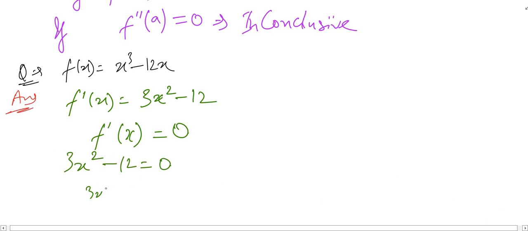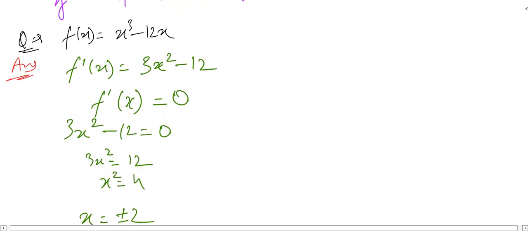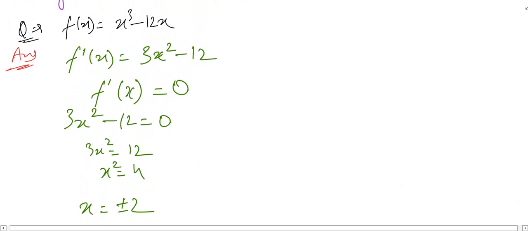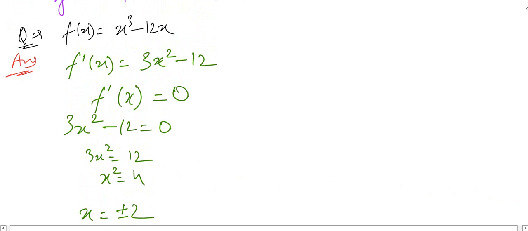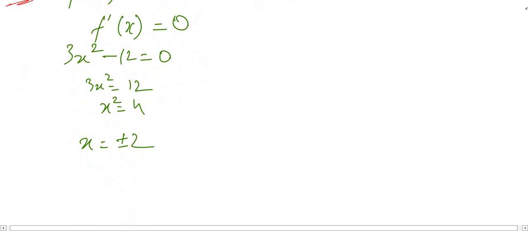So 3x square is equal to 12, x square is equal to 4, and then x is equal to plus minus 2. So we have two critical points where the graph is changing its behavior, where the tangents are parallel to the x-axis.